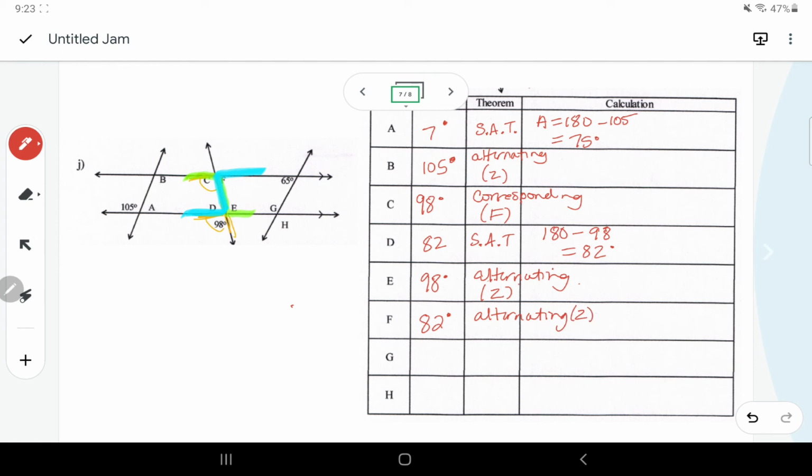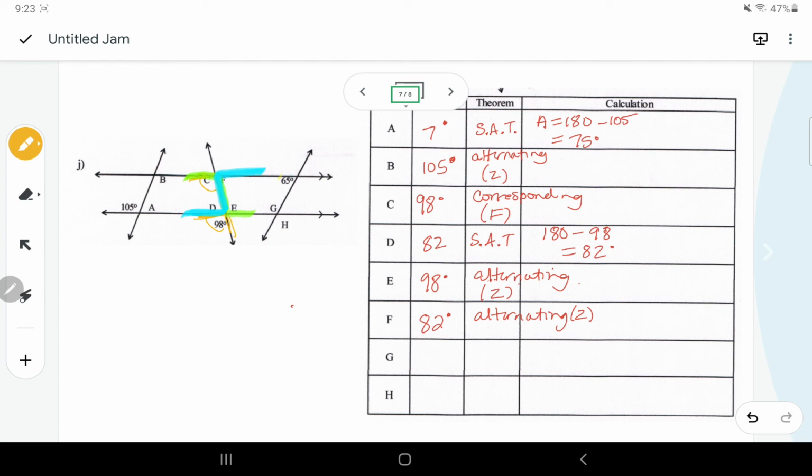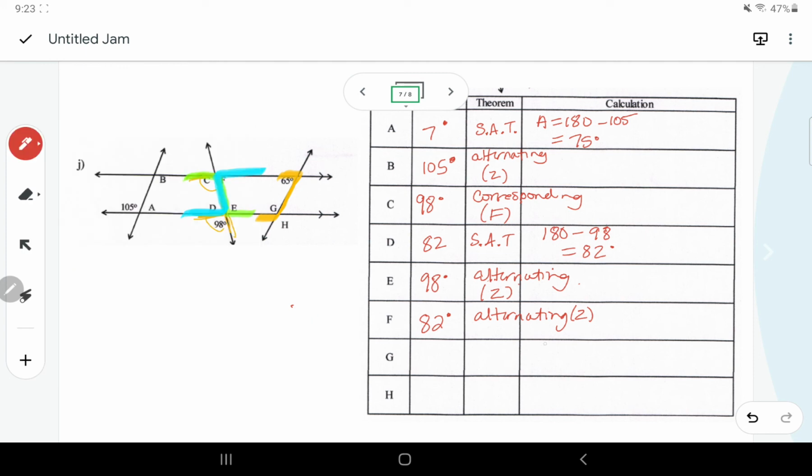And then over here, G is a C pattern, so we're going to have to subtract that from 180 with the 65. So for G, I get 180 minus 65, which is 115.